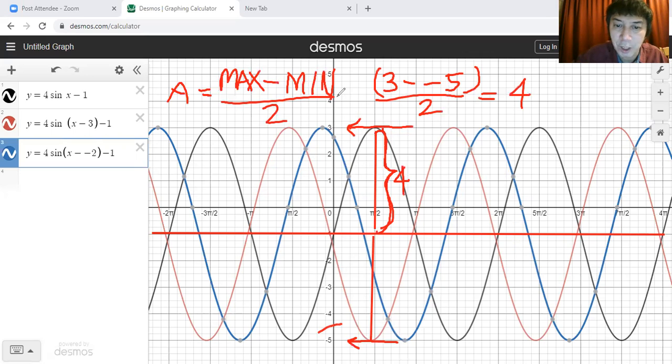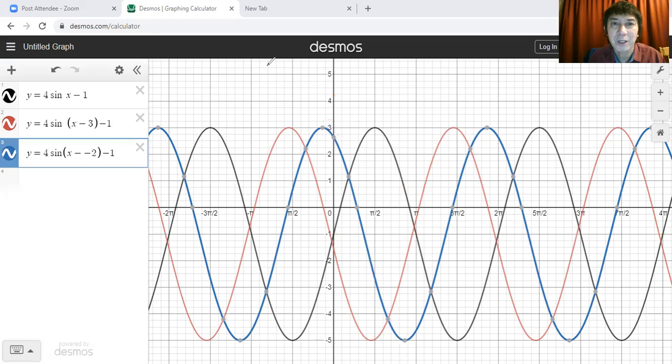If it's -5 minimum, that will be minus negative, and this is a +3. So that's how to compute the amplitude. And so how about if we make use of the cosine? Let's see the cosine.